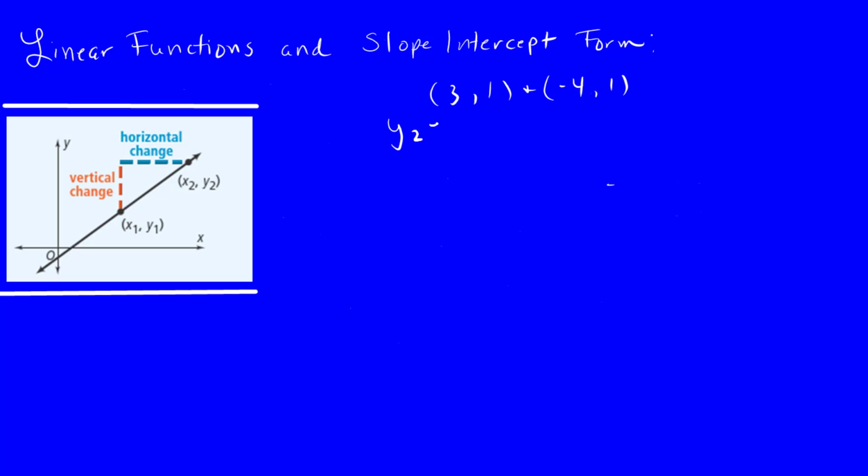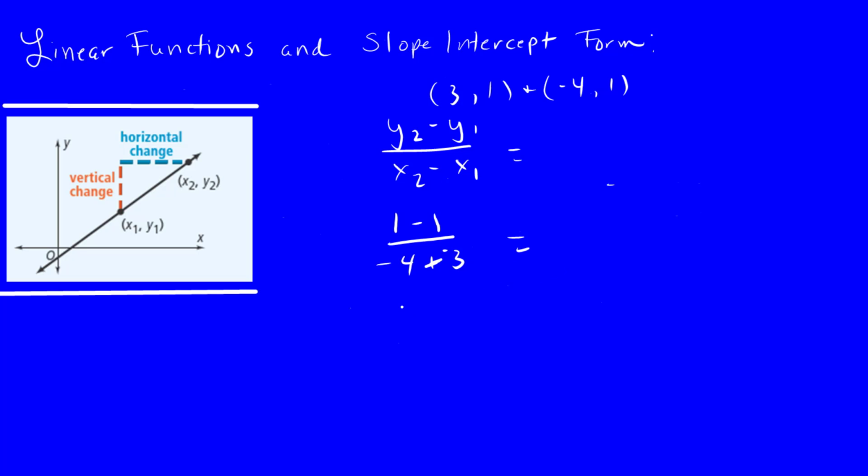So, y sub 2 minus y sub 1 over x sub 2 minus x sub 1 equals 1 minus 1 over -4 plus 3, or -4 minus -3.